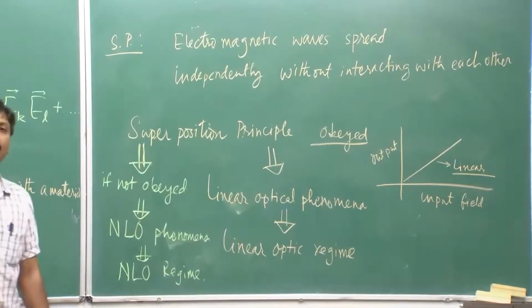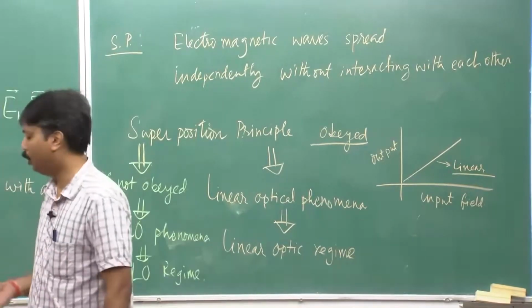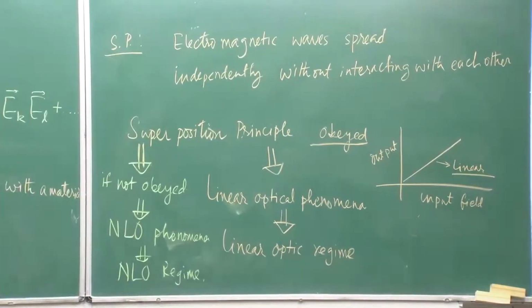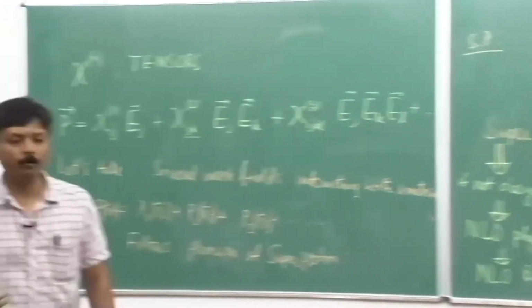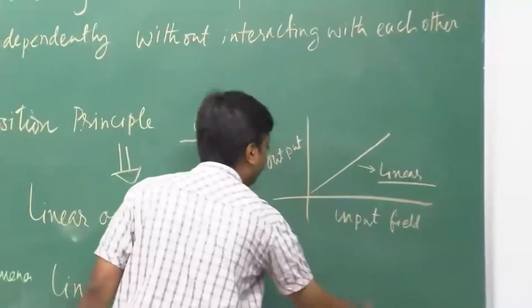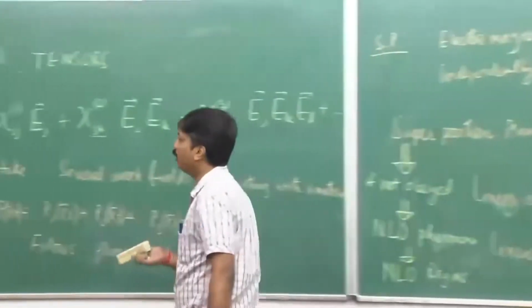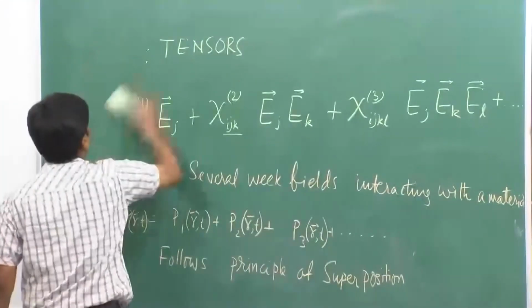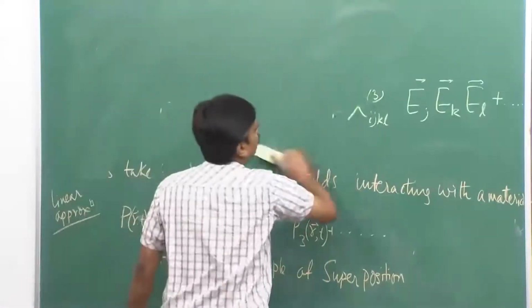We can have several different types of nonlinear optical phenomena. Before going into the detail of different nonlinear optical phenomena, like second order, third order and so on, I will first give you a couple of examples.